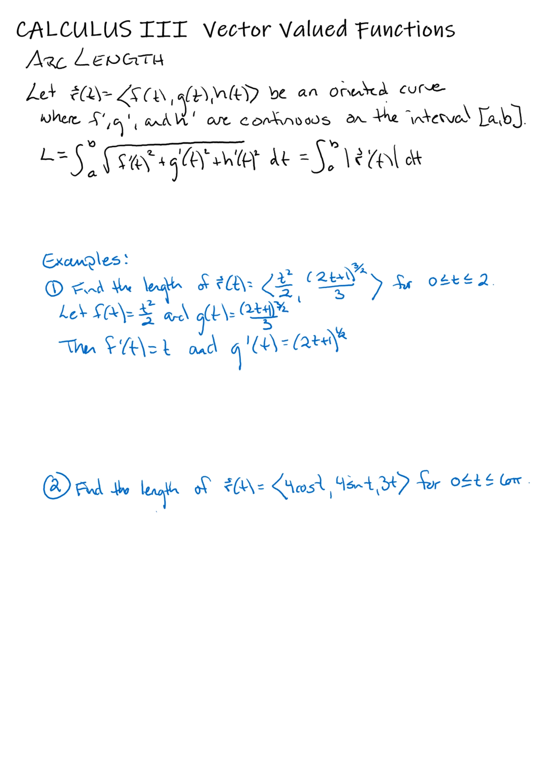All right, so what about the arc length? The length of that curve is going to be the integral from 0 to 2 of the square root of f prime squared plus g prime squared dt.